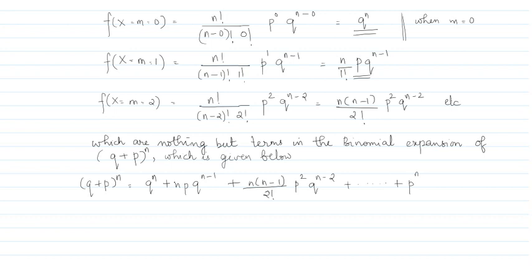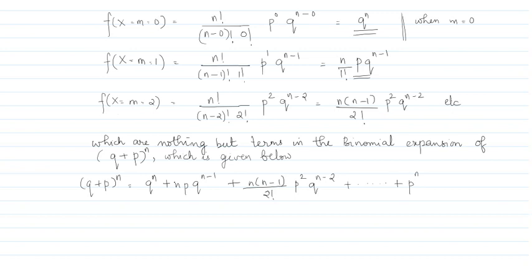So you can write like this: f of x equal to m equal to, let it be 0. When you plug in the value m equal to 0, this is what you get: q raised to n. Now when you plug in the value m equal to 1, you get n by 1 factorial p q raised to n minus 1.